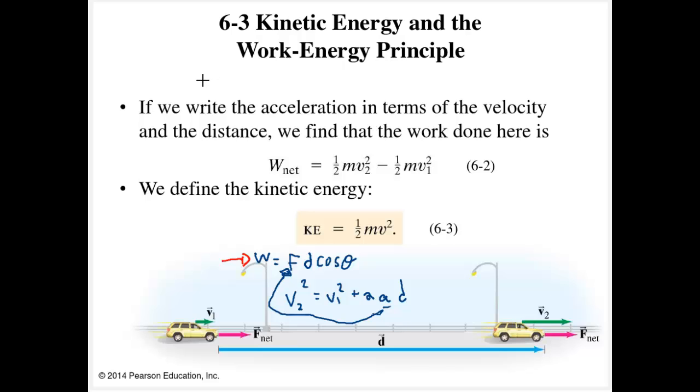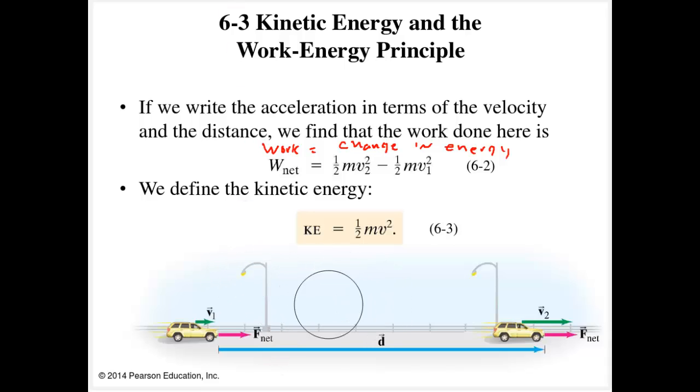If we think about what I said in the last slide, where I defined the amount of work done to be the change in energy, now I say let me define one type of energy.